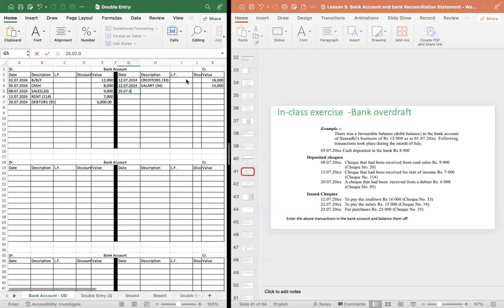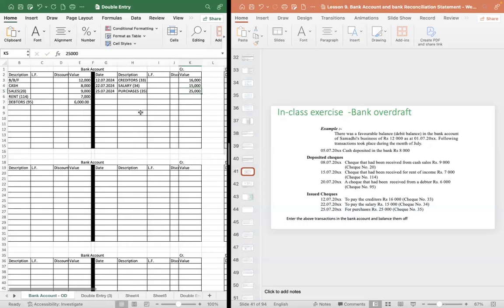When we are making payments, the bank balance is going down, the asset balance is decreasing. So ideally we should credit it. Okay, so this is how it works.